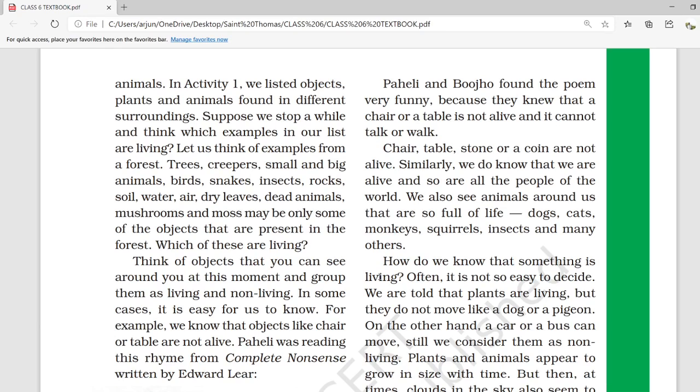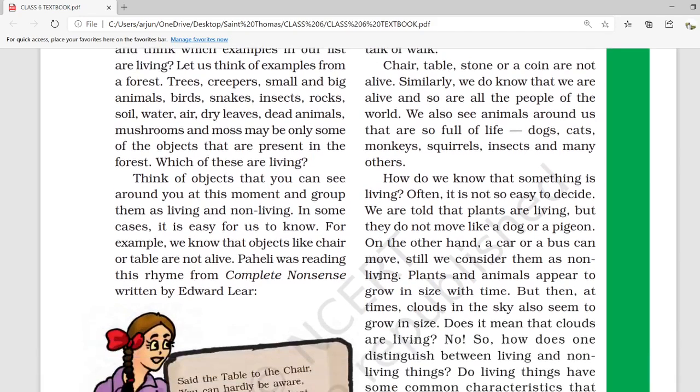Similarly, we know that we are alive, and so are all people of this world. We also see animals around us that are so full of life: dogs, cats, monkeys, squirrels, insects, and many others. So, in a broader way, we can classify, but if we go deeper, then there will be some sort of confusion between the living or non-living things.